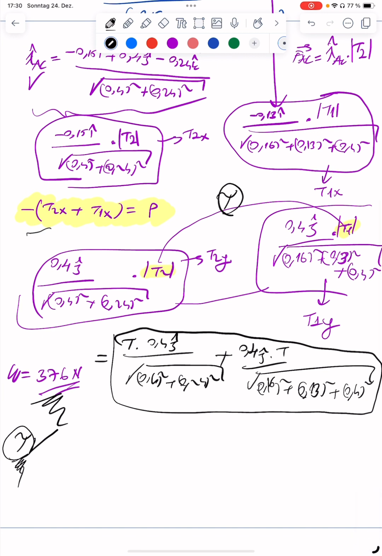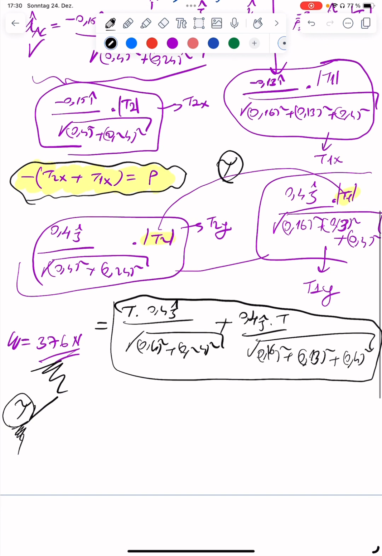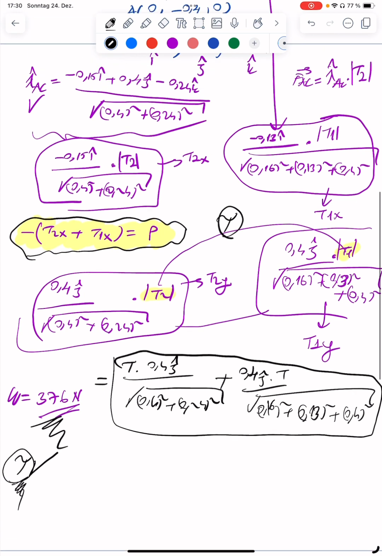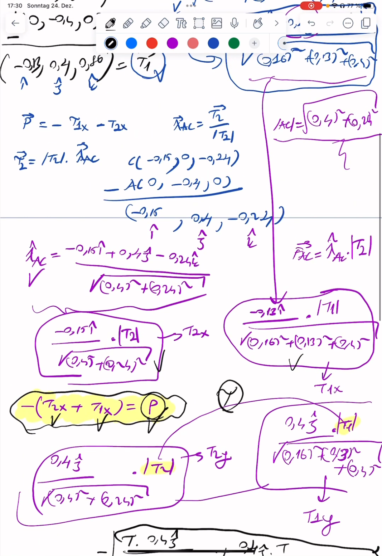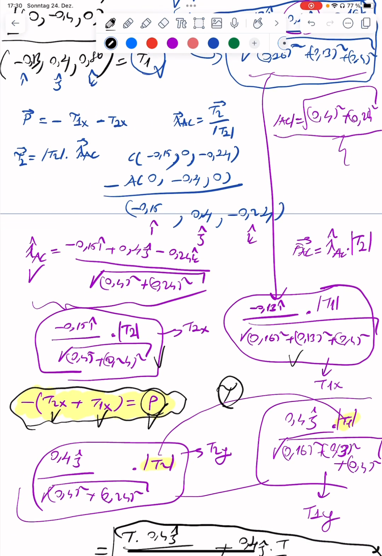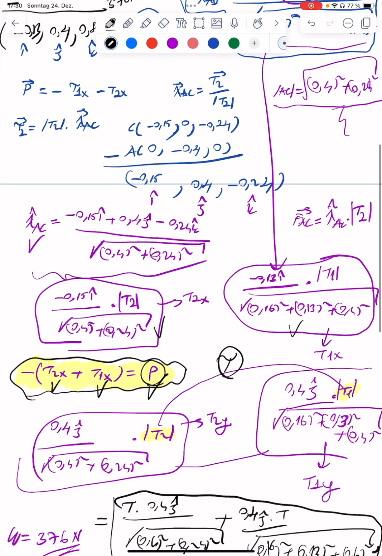It is simple because we have the equation here and we know T. So we know T2x, T1x, and we can find the P vector, the magnitude of P.